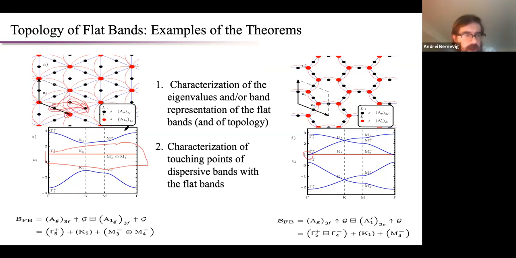And then you go to the Bilbao crystallographic server and you find out the representation is called A1g. This is the EBR, the elementary band representation of the atomic limit.